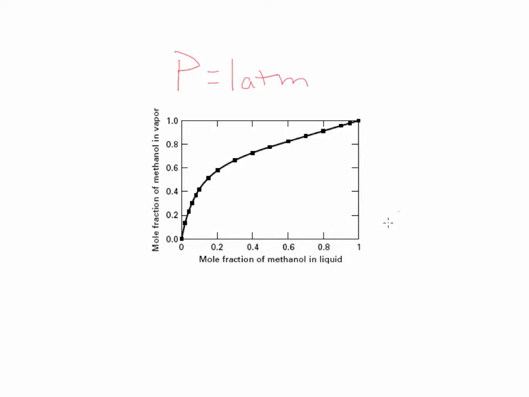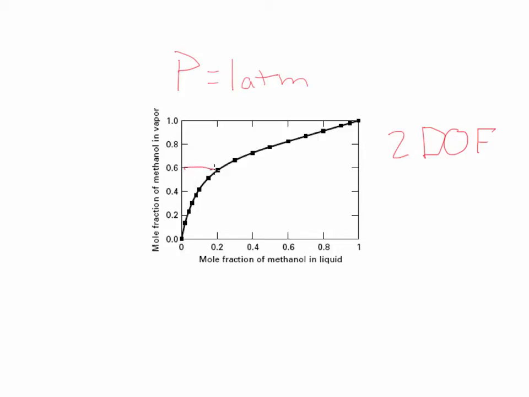So again, since we have 2 degrees of freedom, if we fix any of the remaining degrees of freedom in addition to pressure, everything else becomes fixed. So let's say we fix the mole fraction of methanol in the vapor at 60%.